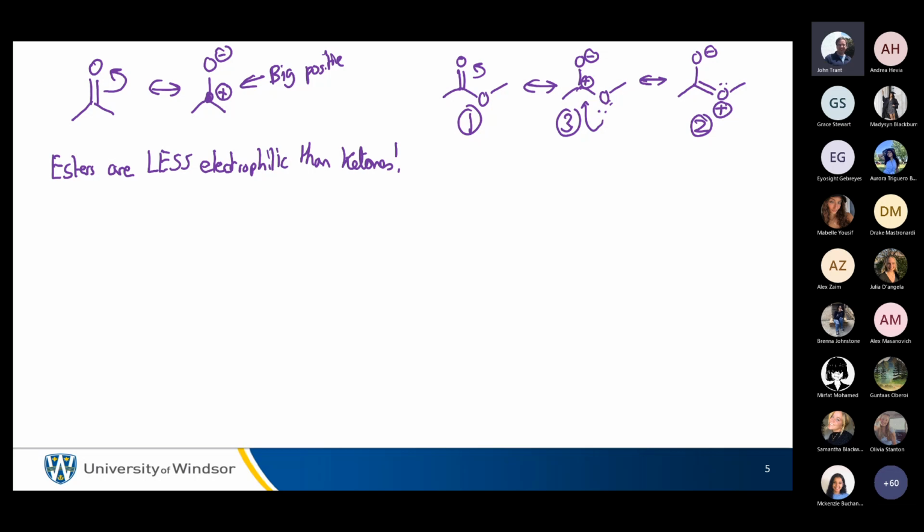So what we have is this pattern of oxidation.